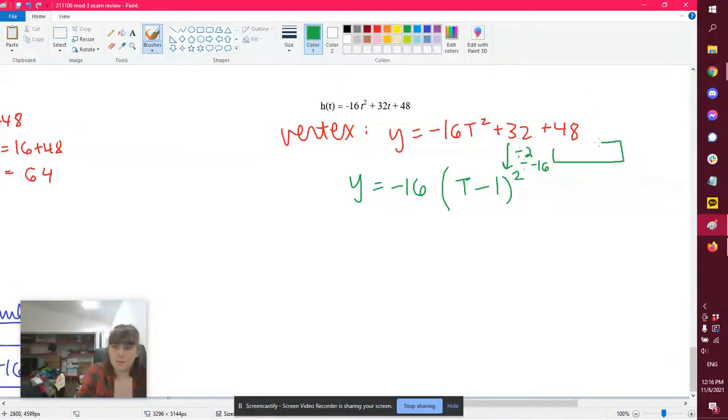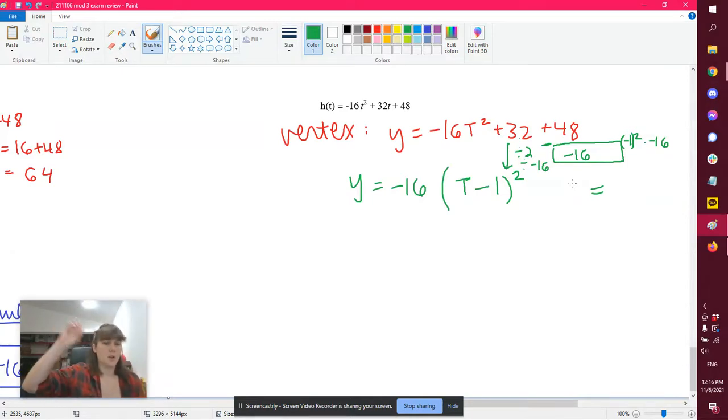Then the thing we put here is negative 1 squared times negative 16. We do the b term divided by a and by 2. We get this negative 1 number. Then we square it, get positive 1. Multiply by a again, get negative 16.